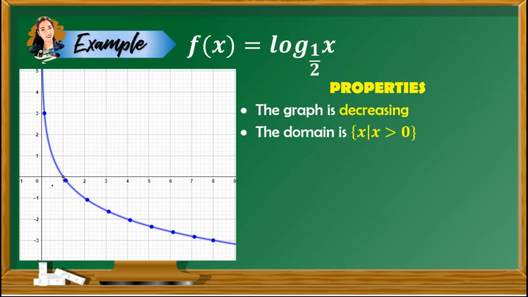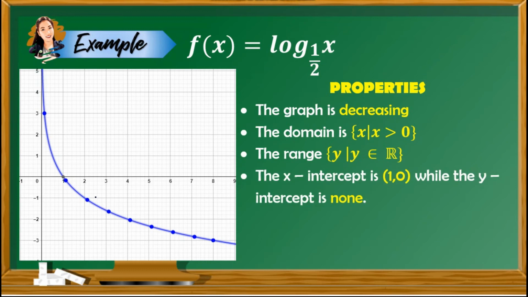As for the range, since the graph is continuously moving upward and downward, the range is the set of real numbers. As for the intercepts, the x-intercept is present, which is at this point 1 and 0, while the y-intercept is none because the graph did not touch the y-axis.